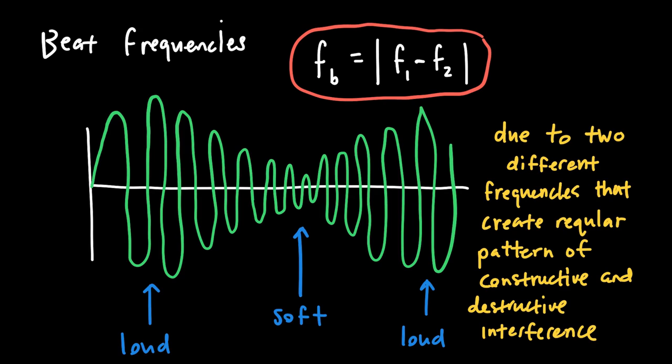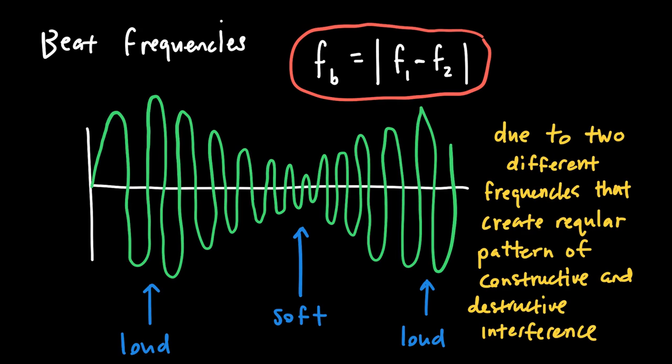One great addition to the idea of talking about constructive and destructive interference is the idea of beat frequencies. A lot of times when we're tuning an instrument, we might be using a tone generator to try and help us tune the string of an instrument, for example. Maybe we play the tone and we pluck the string, and we're hearing loud and soft sounds.